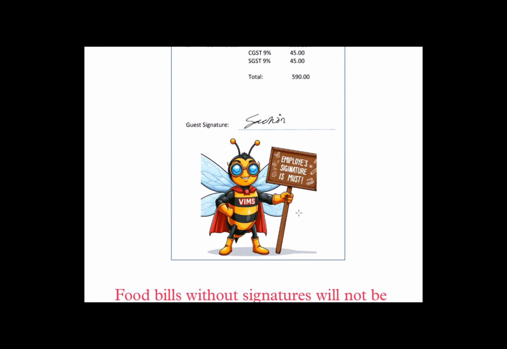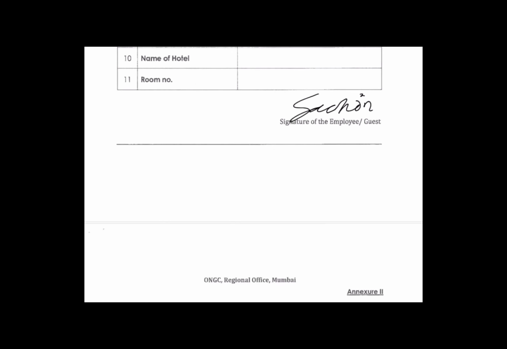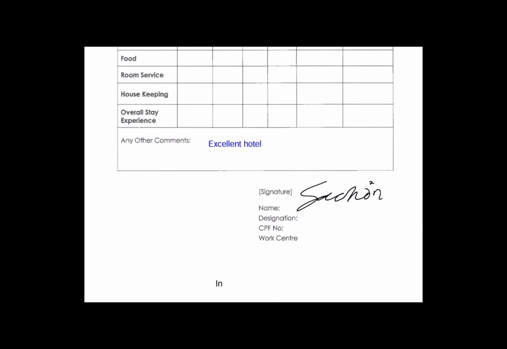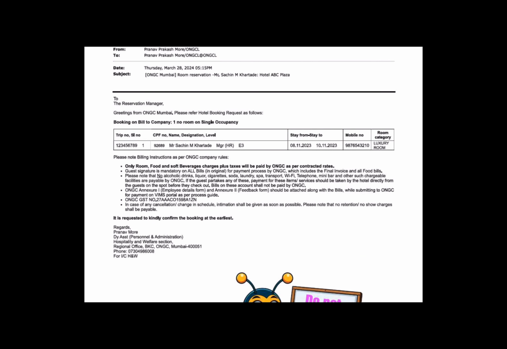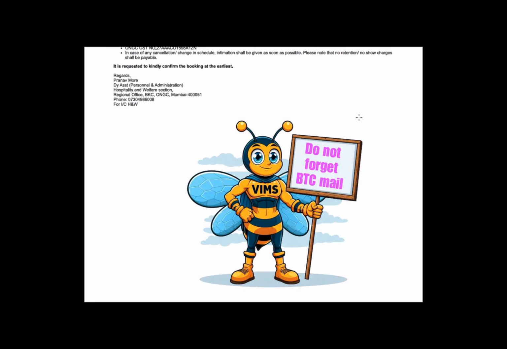Main invoice, food invoice. Annexures must have employees' signatures. BTC mail to be attached.